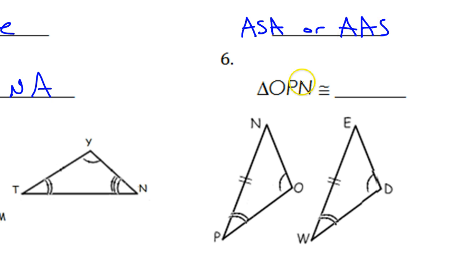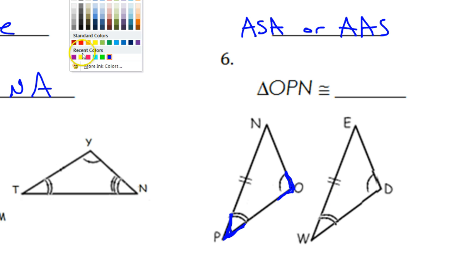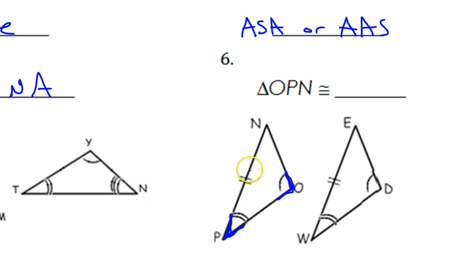That's how you know. Okay, so look, here we have our two angles. We have an angle here and we have another angle here. That's given to be congruent. So the question is the side that we're given. We're given this side over here. Is that between these two angles?